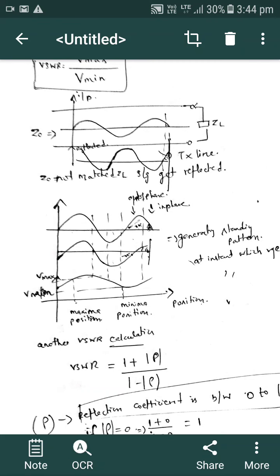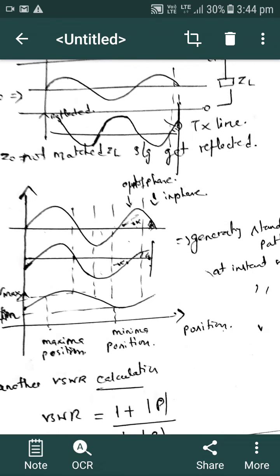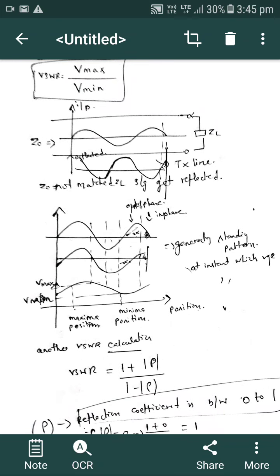In the first case, both are in phase, so they get added up. In the next case, it is out of phase, one in the positive and the other in the negative side, so it gets subtracted. Depending upon this in phase and out of phase of the incident and the reflected wave, and the voltage position, there is a standing wave pattern in the transmission line.